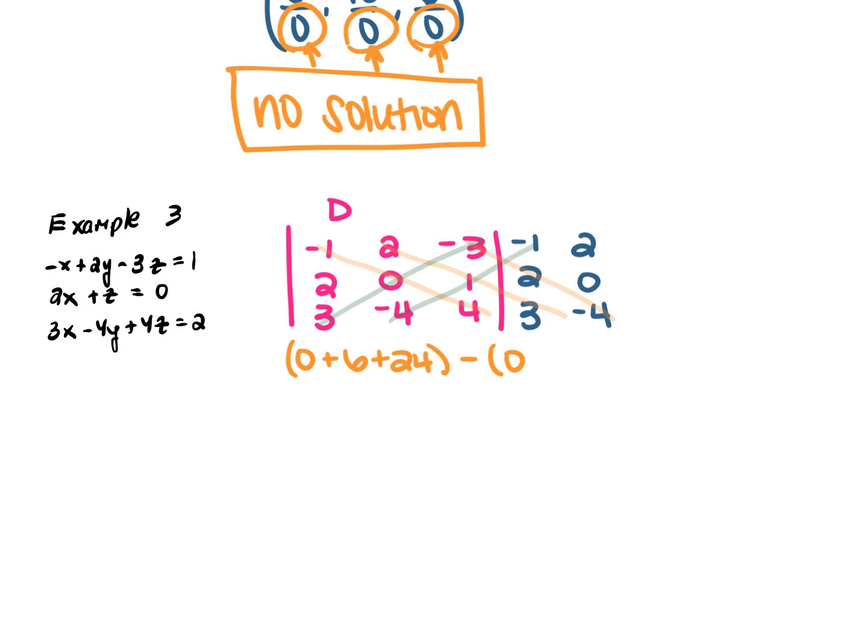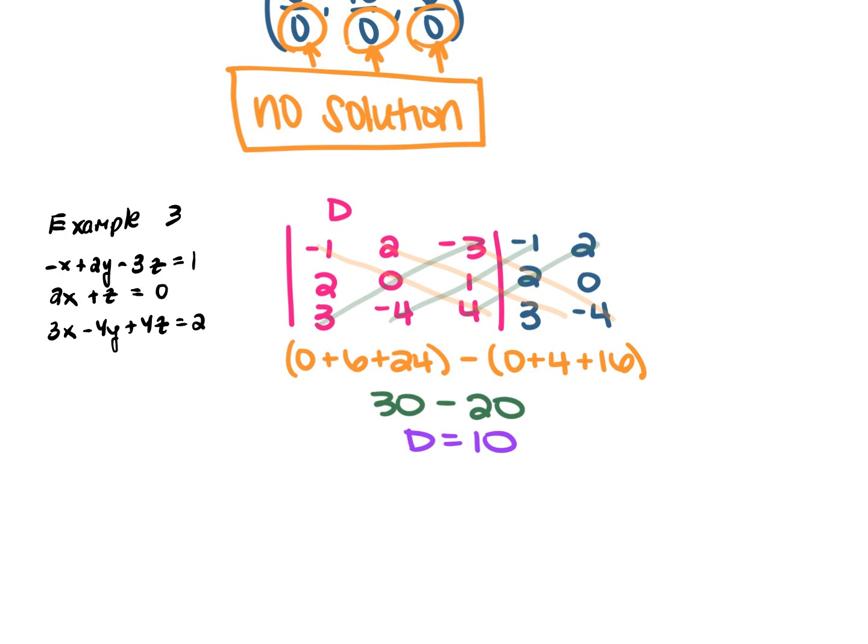Negative 4 times 1 times negative 1 is 4. And 4 times 2 is 8, times 2 is 16. So 6 plus 24 gives us 30, minus 4 plus 16 is 20. That gives us a D of 10. So since D is not 0 with this one, we're going to keep going.